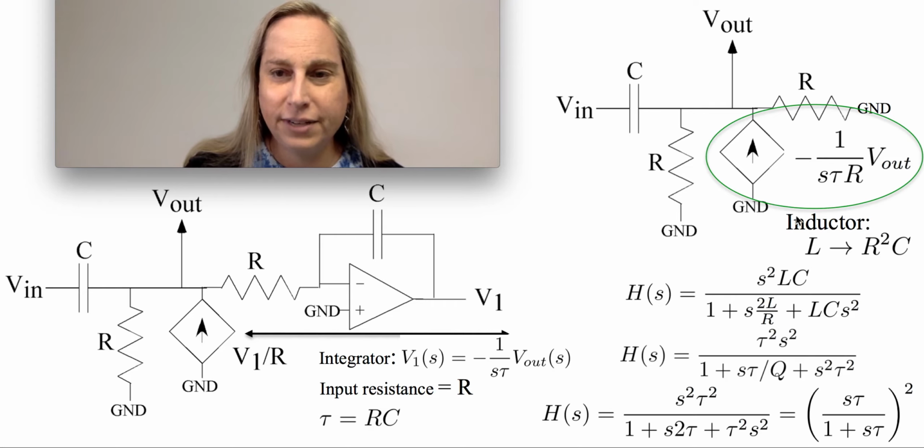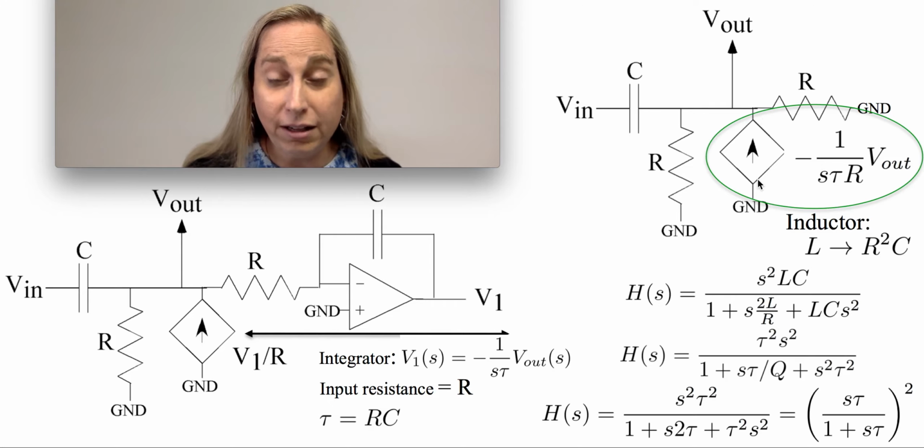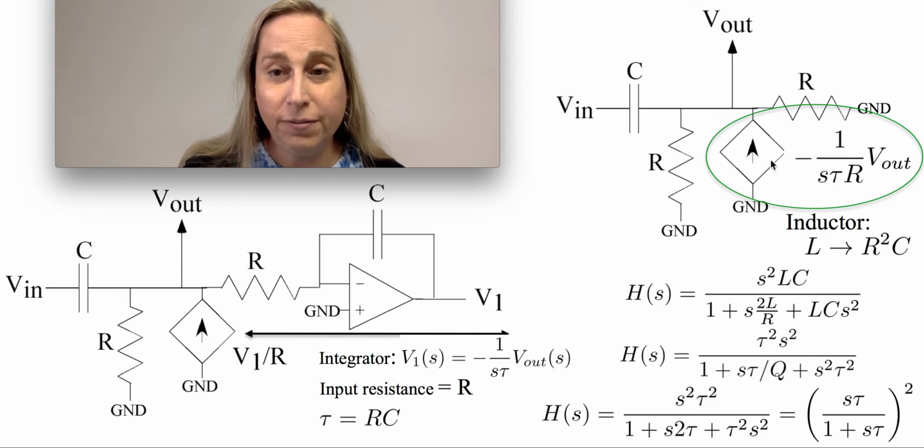The net effect is I've got something that looks like an inductor where the inductance looks like R squared C. So I could just think of this element as an inductor, call it L. If I solve for this, I would get a transfer function of s squared LC over LC s squared plus a middle term of s times L over 2R, plus 1. Why 2?